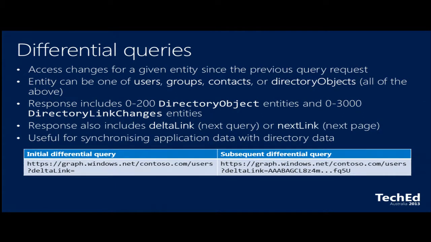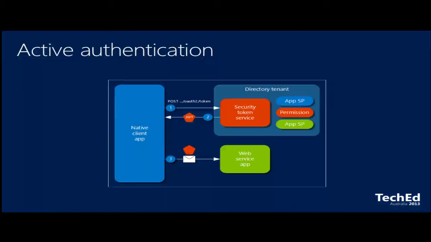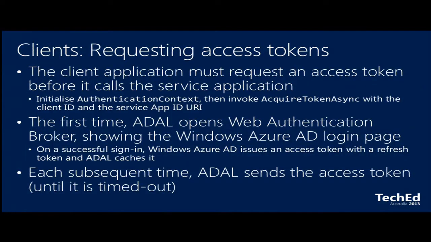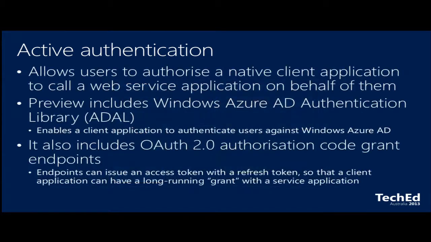You can build, for example, a worker role in a cloud service or an on-premises Windows service that executes a differential query every day or every hour, whatever it may be, to access the changes to the directory objects that have occurred since the previous day or the previous hour. In order to do that, I don't think there's a managed SDK for this. I'll have to check. Can't remember.